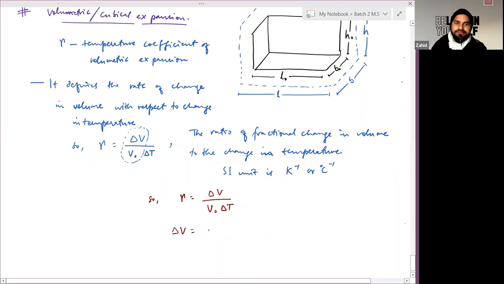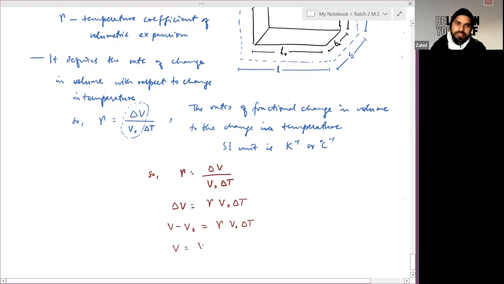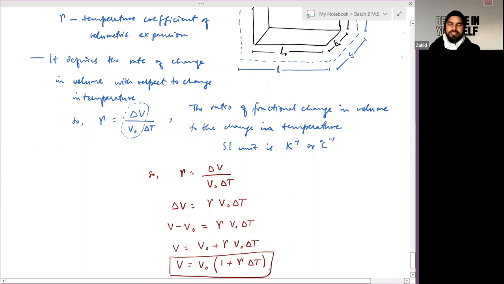So delta V will become gamma V naught delta T. Delta V is the difference of volume, so it will be final volume minus initial volume equals gamma V naught times delta T. Move V naught to the right side. So the new volume will become V naught plus gamma V naught delta T. Now take out V naught as common. So you are left with V equals V naught times 1 plus gamma delta T. This will be our final expression for getting volume at any change in temperature delta T.